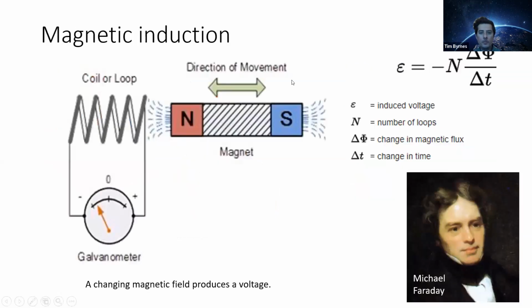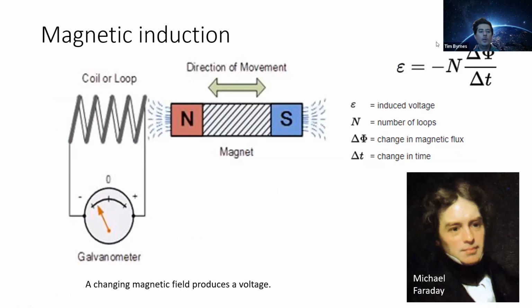So magnetic induction is an effect where you can actually create a voltage from a changing magnetic field.